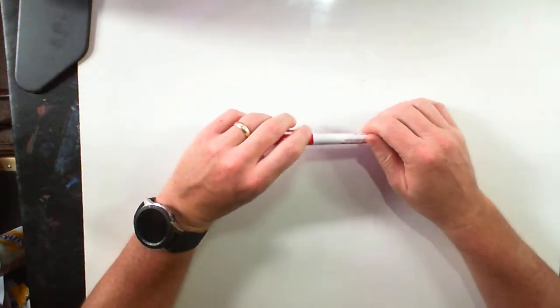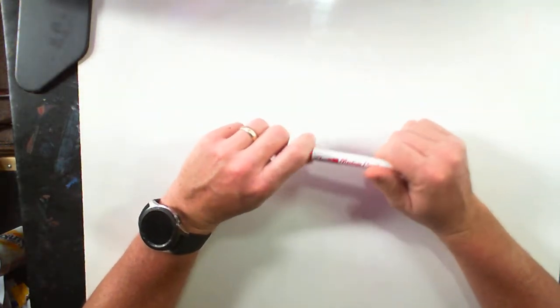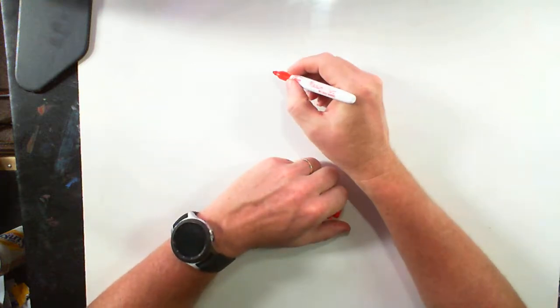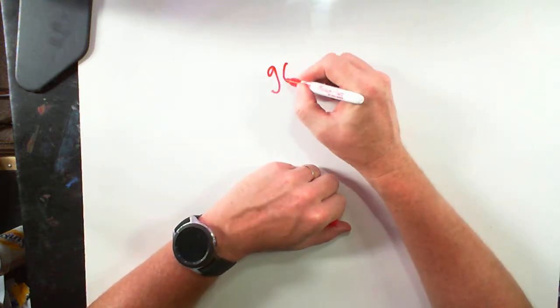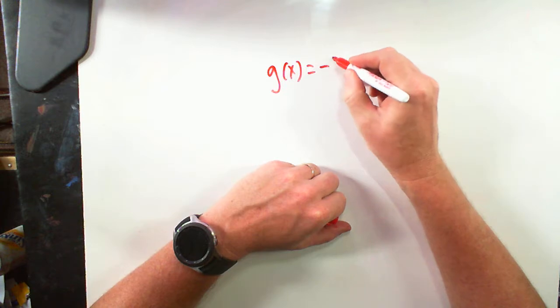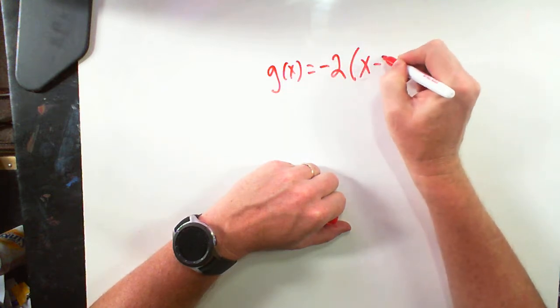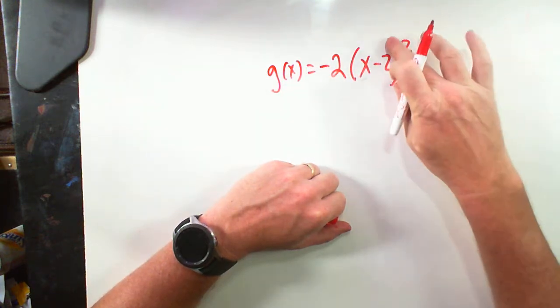So we're going to determine transformations from an equation. We are given the function g of x equals negative 2 times (x minus 2) squared.